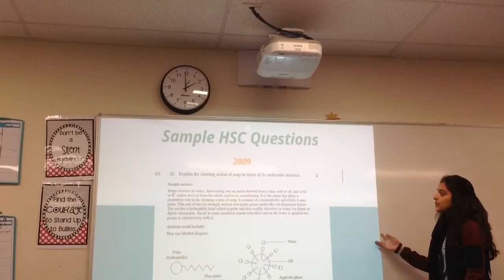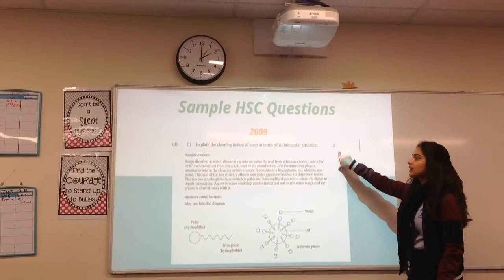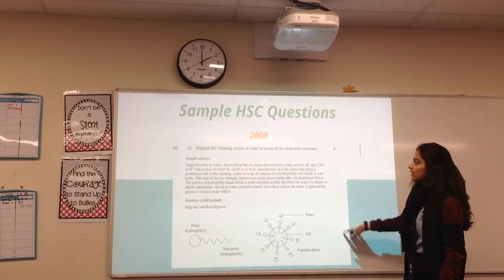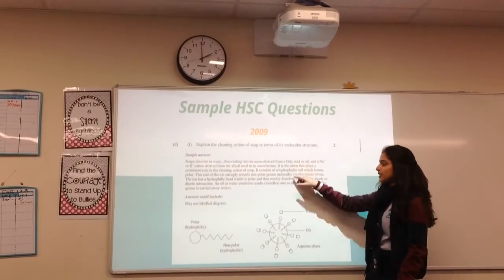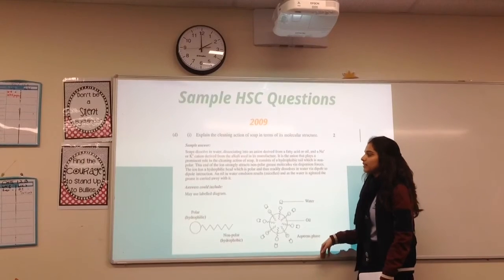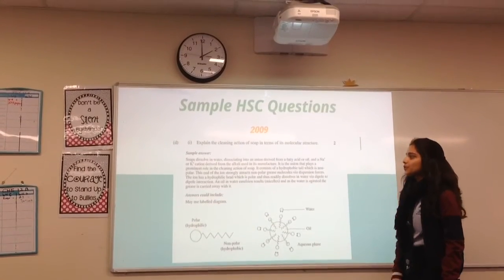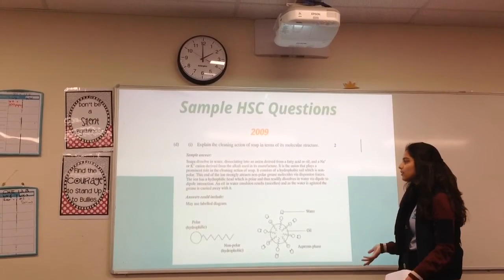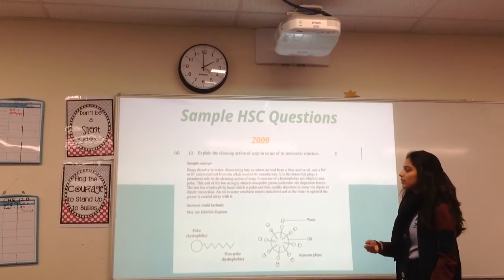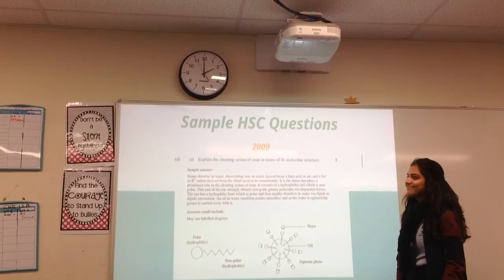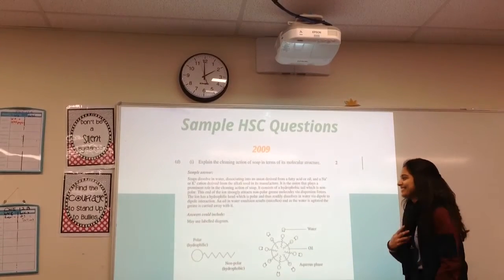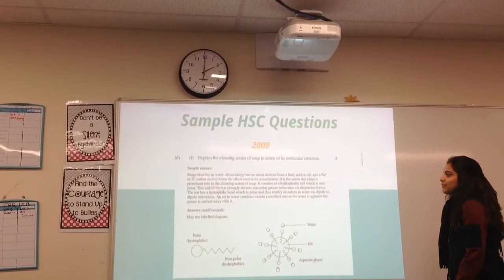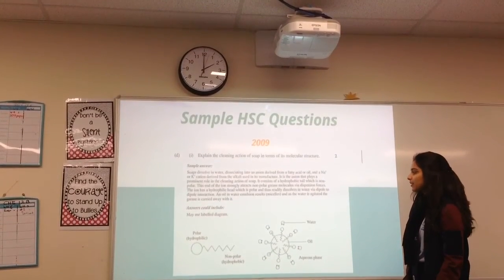The 2009 question, it's only a 2-marker, but it does come up a lot. Explain the cleaning action of soap in terms of its molecular structure. Now, referring to molecular structure is very common in the industrial part of the HSC exam. So soaps dissolve in water, dissociating into an anion derived from a fatty acid or oil, and a sodium or potassium cation derived from the alkali used in its manufacture.